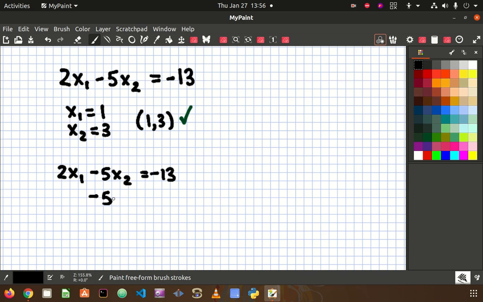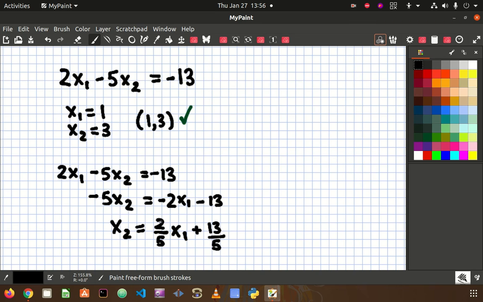So negative 5x2 equals negative 2x1 minus 13. And now I'll divide everything by negative 5. And what I've just done here is I have solved for the variable x2.